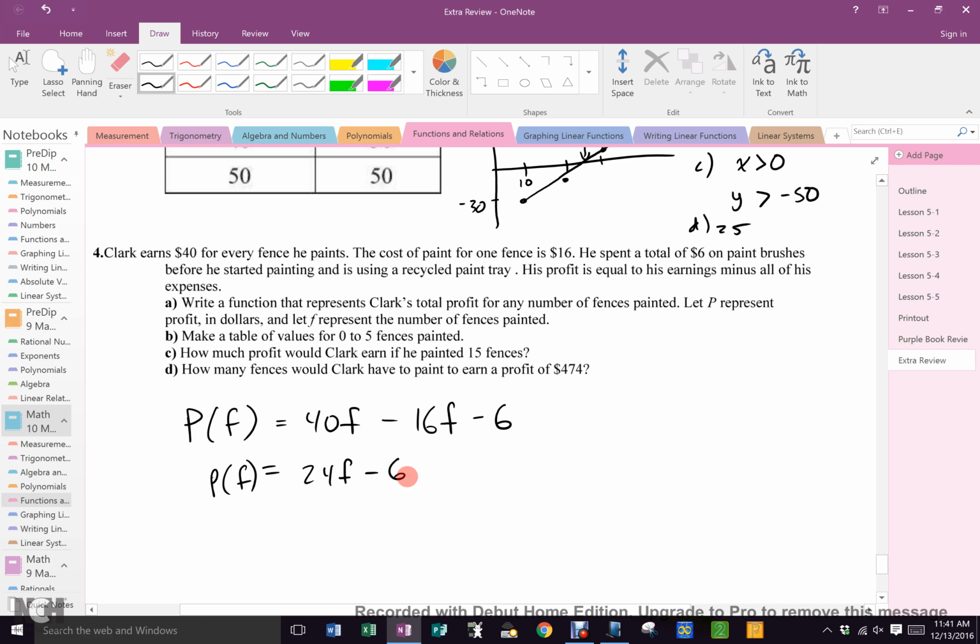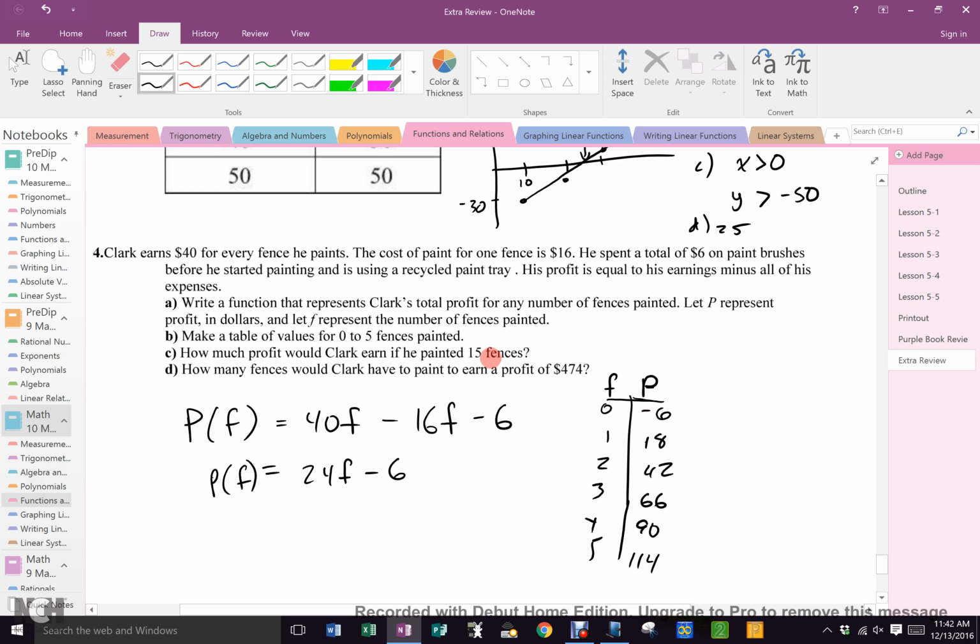Make a table of values for 0 to 5. Fences, profit. 0, 1, 2, 3, 4, 5. Negative 6, 18, 42, 66, 90, and $114.